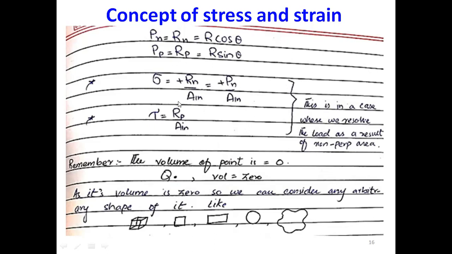An is the area of the inclined face, and Rn is equal to Pn. So Pn divided by An is equal to P cos theta by An, and tau, the shear stress, would be Rp by An, and it would be equal to P sin theta by An.